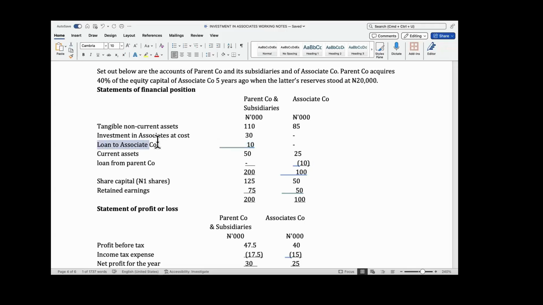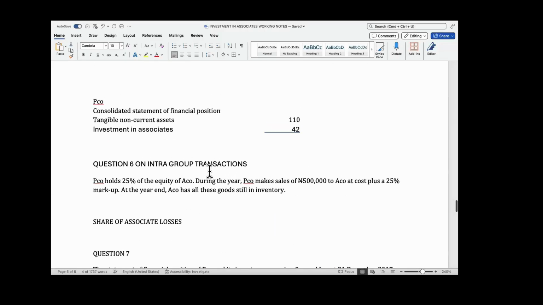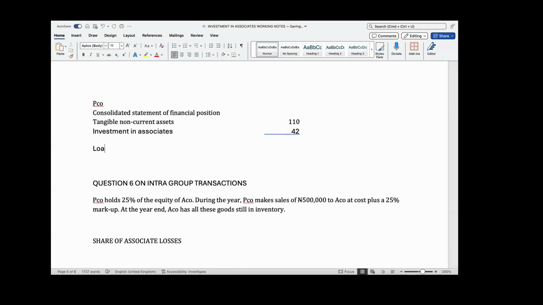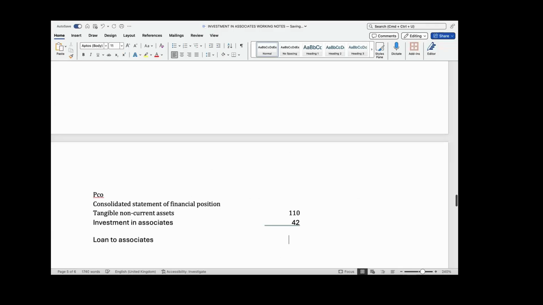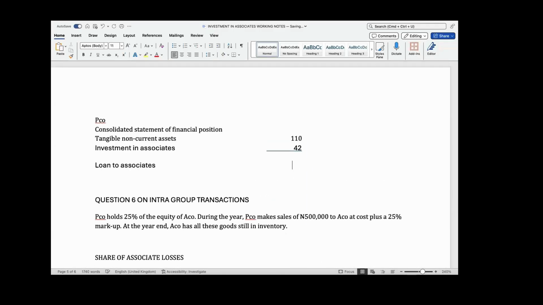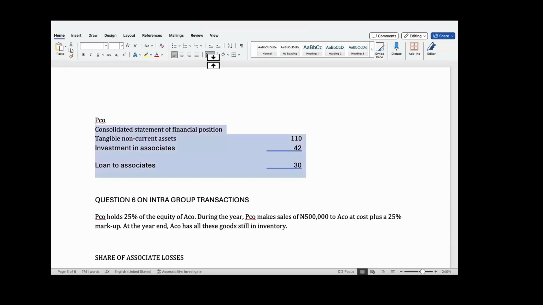So we're actually going to consolidate this loan to associates. It will be incorporated in the consolidated account, loan to associates of how much? Of 30. Of 30.